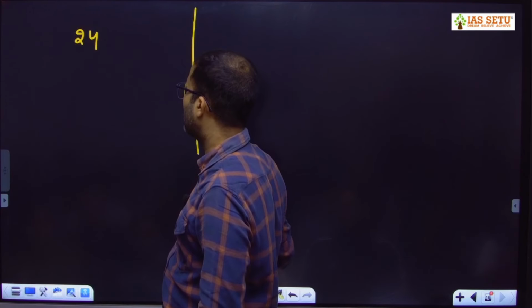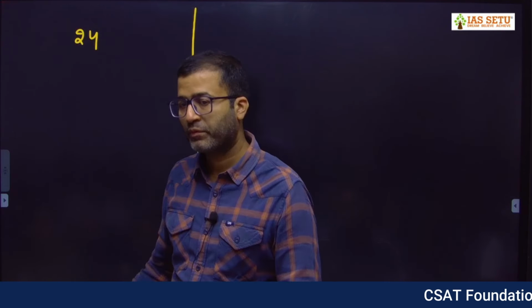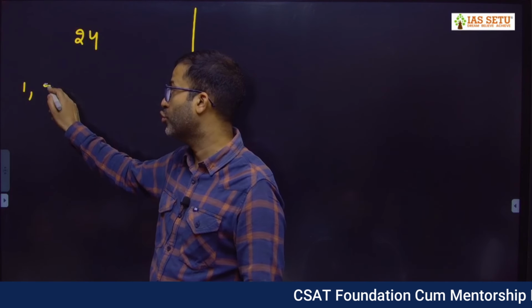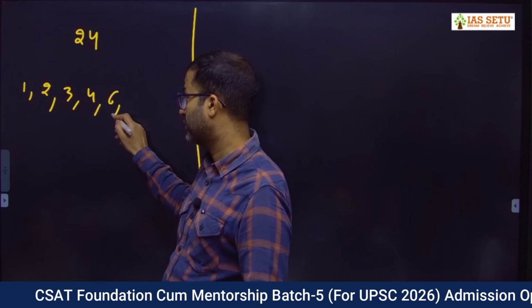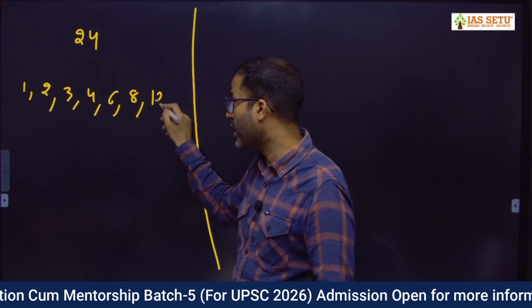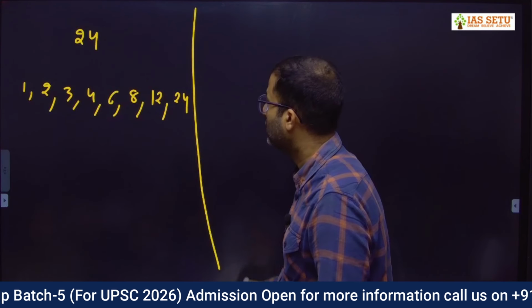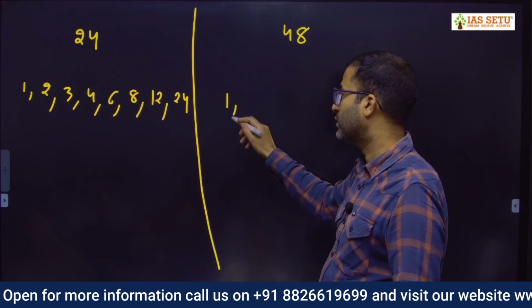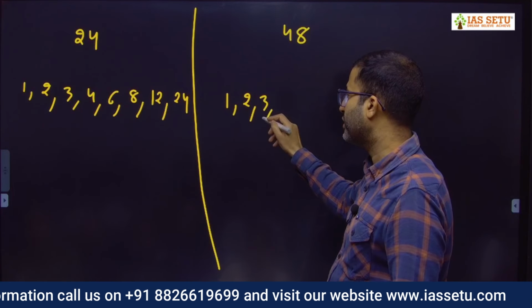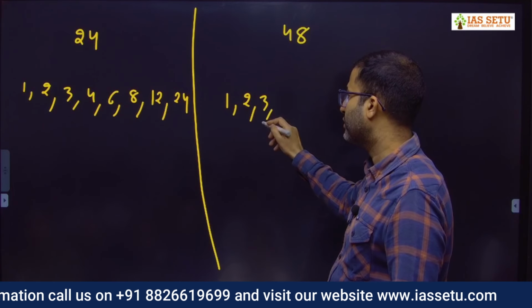Now tell me factor of 24. 1 2 3 4 6 8 12 24. Tell me factor of 48. 1 2 3 4 6 8 12 16 24 48.